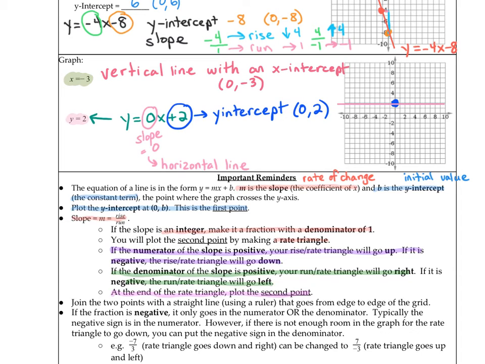So you're going to plot your x-intercept at negative 3, 0 and draw a vertical line with the ruler edge to edge. And since we have more than one graph, you need to label them. So this is x equals negative 3, and this one is y equals 2.